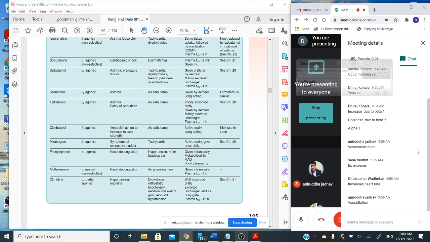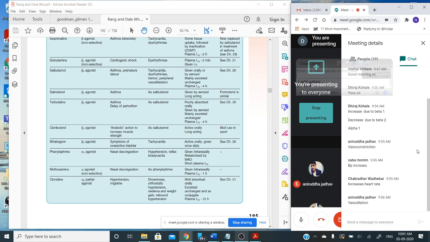But before that, initially it will cause an increase in the concentration in the synapse, whether it is reserpine, which blocks vesicular transport, or drugs like guanethidine, which block uptake. Initially the synaptic concentration will increase for some time, and later, since recycling of neurotransmitter is not possible, it will not be put into vesicle.